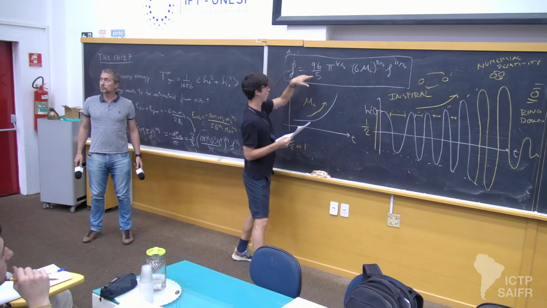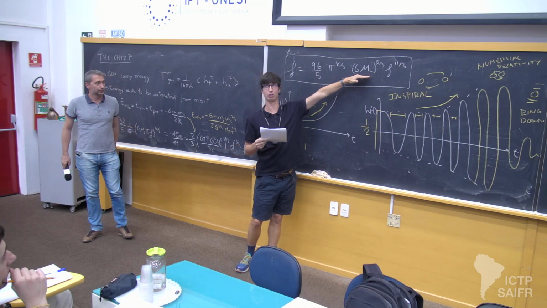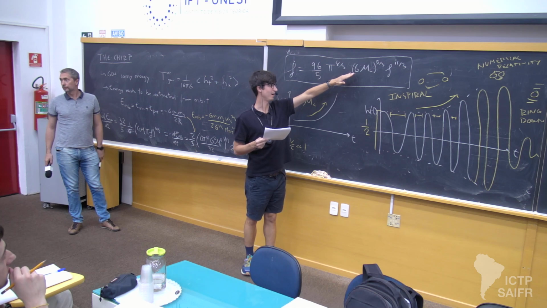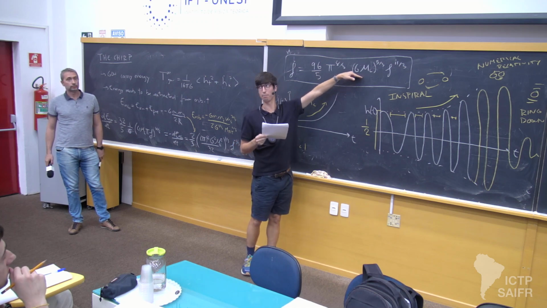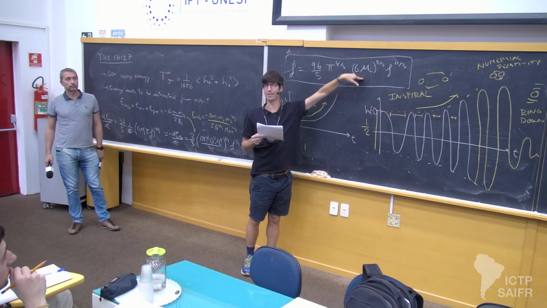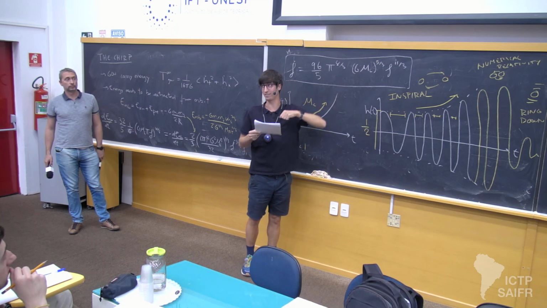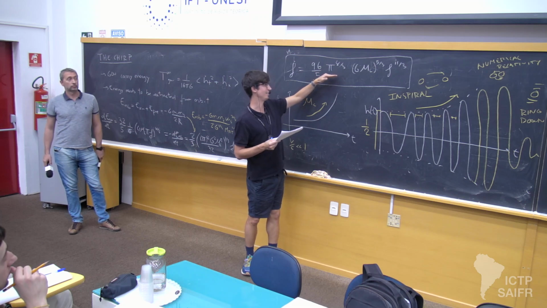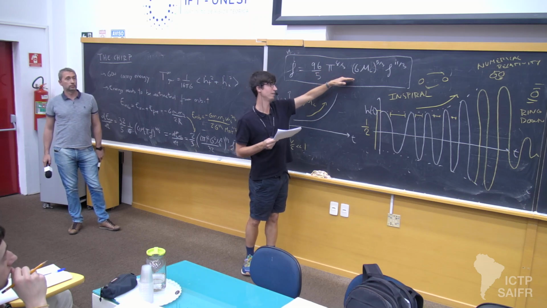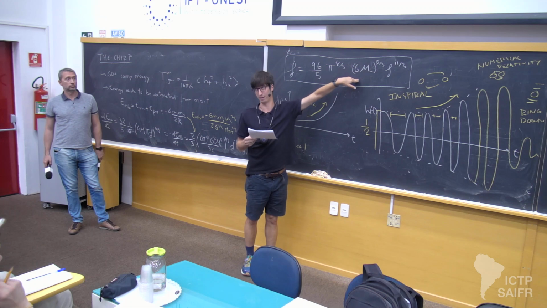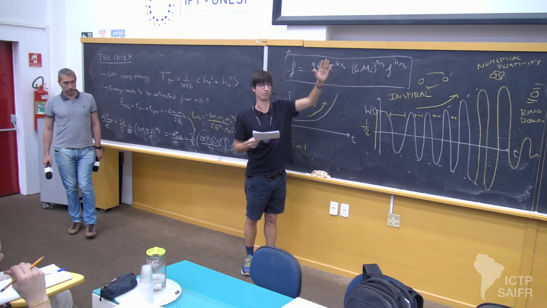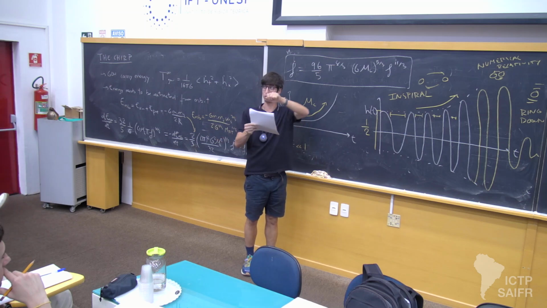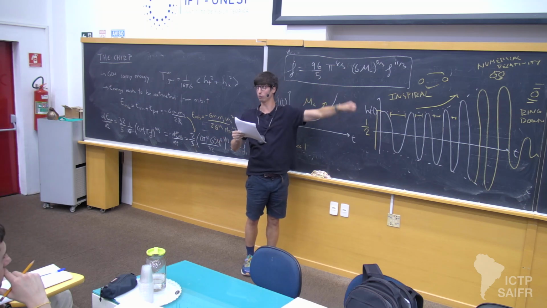What you get from this expression is that if you invert it, you can compute the time that it takes for a signal to merge. And what you find is that the time to merge is inversely proportional to the chirp mass, for a given frequency. So systems which are lower mass spend much longer in our detectors. We see a lot of cycles.